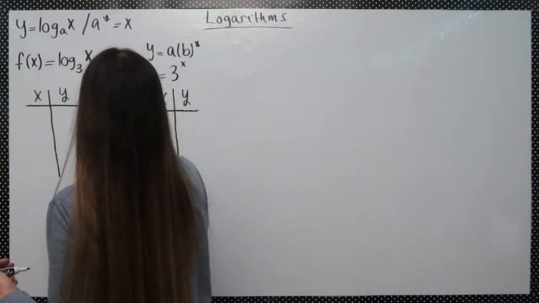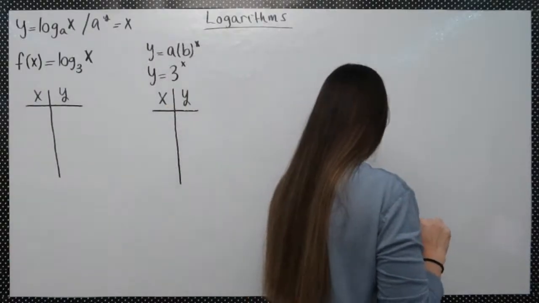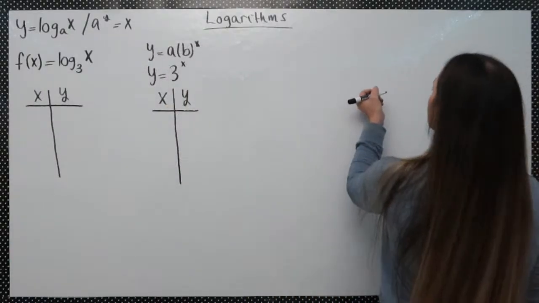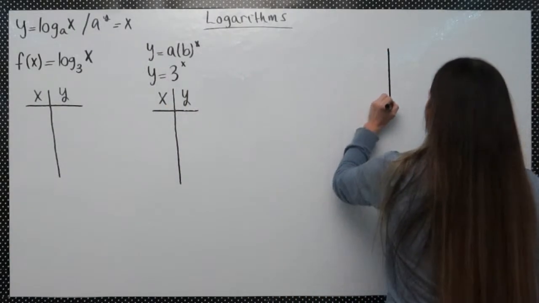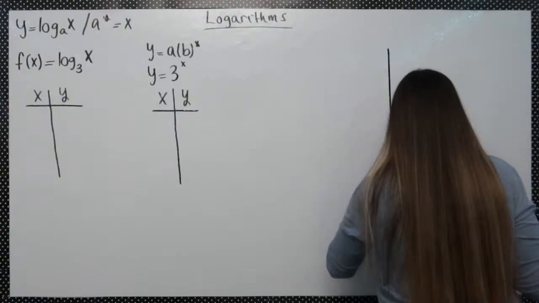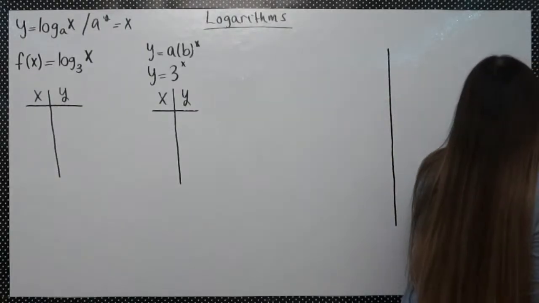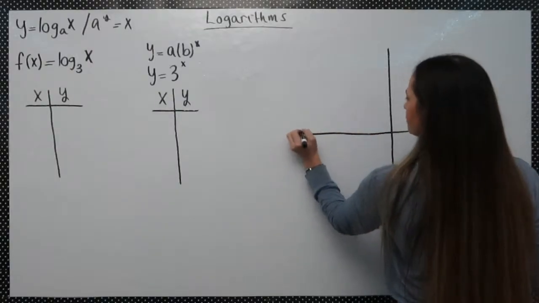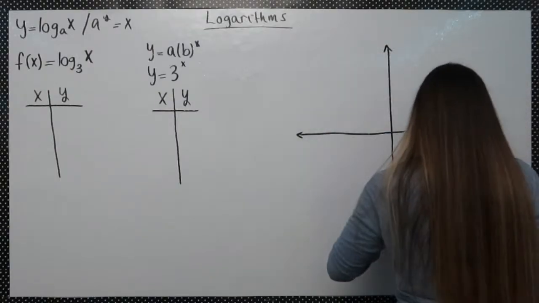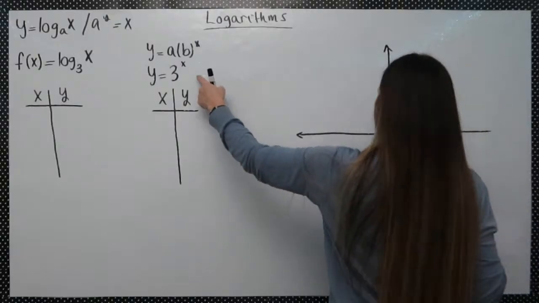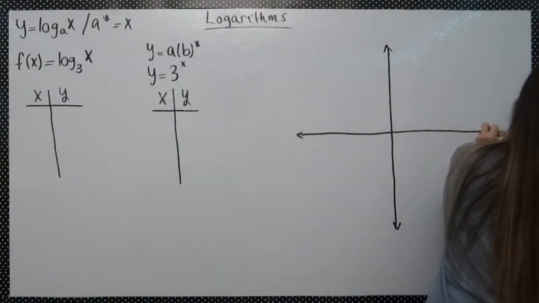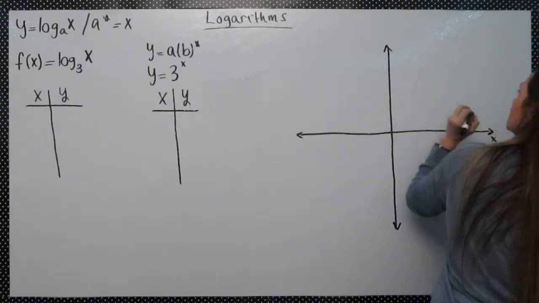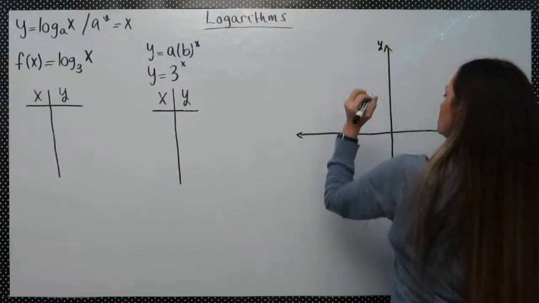So let's go ahead and get the Cartesian coordinate system out. And I want to go ahead and sketch the graph of my exponential function here, because I know I have to do that one already, and it's not as ugly as the logarithm.